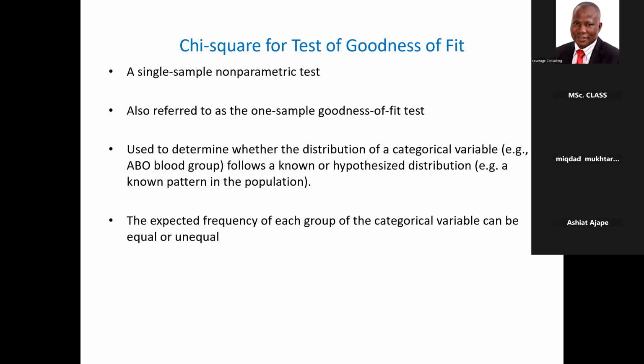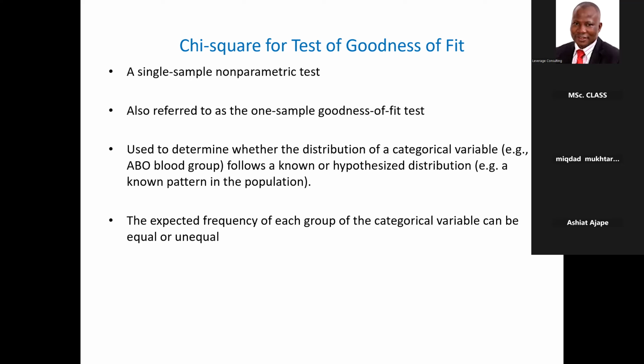The expected frequency of each group of the categorical variable can be equal or unequal. I was telling you the other time, was it 3 days ago, I gave an example of this ABO group. Imagine in the clinic they have already known, among the university students coming, the percentage for A, B, AB, and O blood groups.